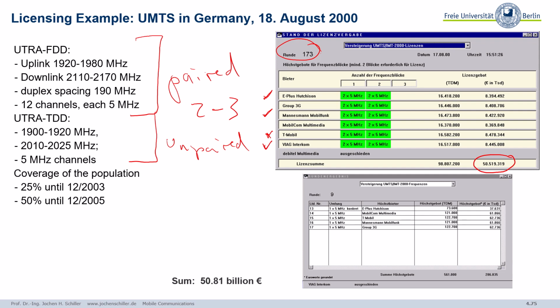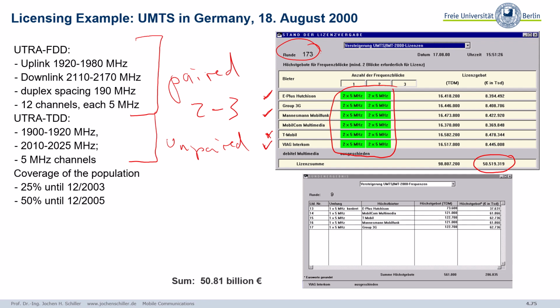And the end of the story was that all 6 companies wanted to have UMTS spectrum. So everyone only got 2 channels out of the 12. So 6 times 2 channels. Because everyone wanted to have 3 to cover, well, to have higher data rates, to offer better services.